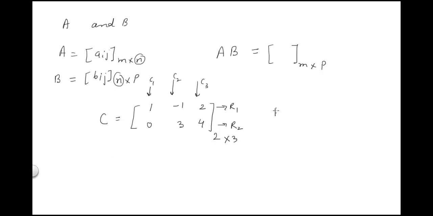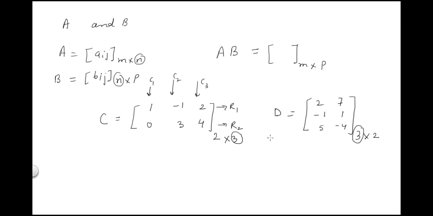There is another matrix D which has the elements 2, 7, -1, 1, 5 and -4. If you look at this carefully, what is the order? How many rows do we have here? 3 rows and 2 columns. So we see the number of columns in matrix C and the number of rows in matrix D are the same, they are identical.